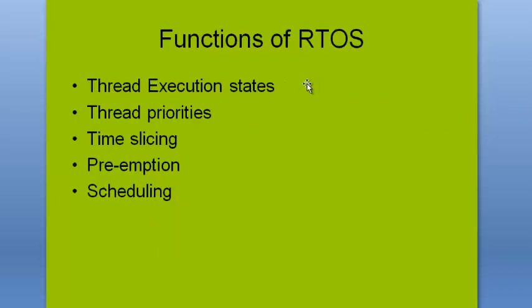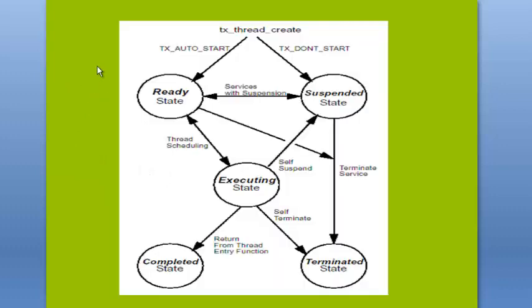Functions of the real-time operating system. There are various states for each thread or task. Thread priorities, time slicing, preemption, scheduling. Each task has various internal states. I simply took an example from one of the real-time operating systems. Once you create a task or thread, it goes to ready state.